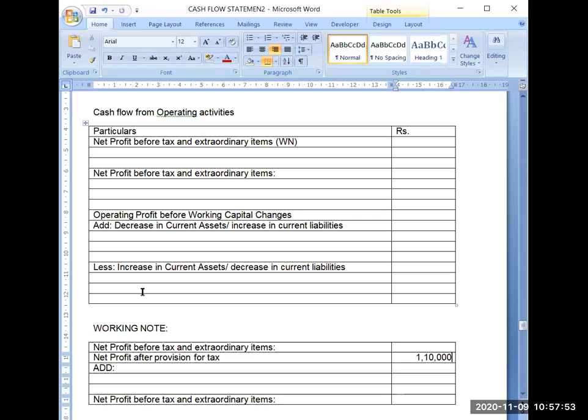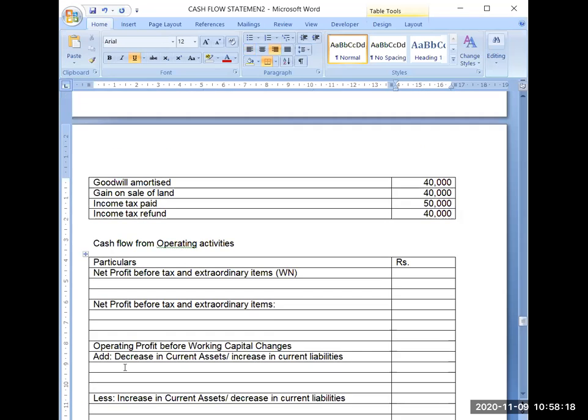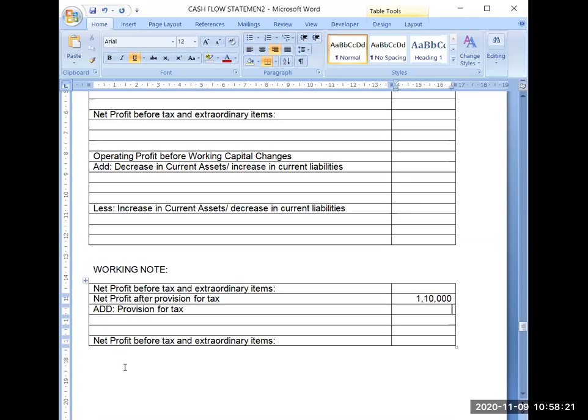So we will add provision for tax in it. Provision for tax is 50,000. Then we have to add proposed dividend of previous year.